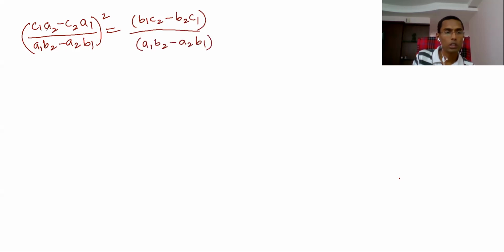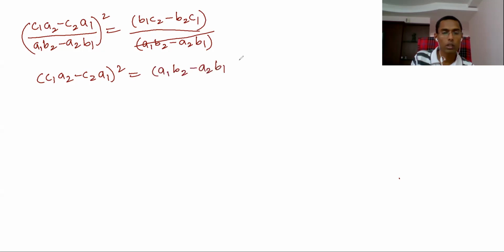So here this is c1 a2 minus c2 a1 whole square by a1 b2 minus a2 b1 whole square. One factor gets cancelled with the square term, so another term remains. If I bring this side, a1 b2 minus a2 b1 into b1 c2 minus b2 c1.